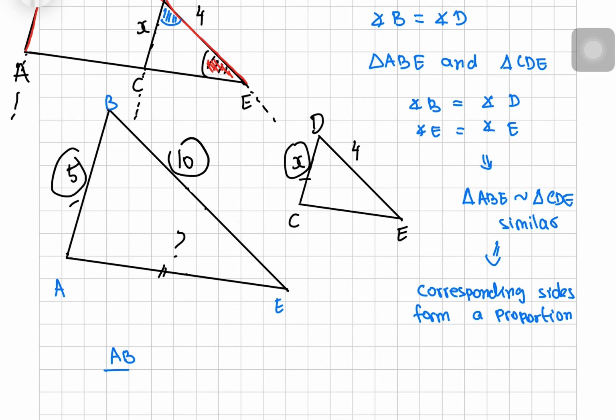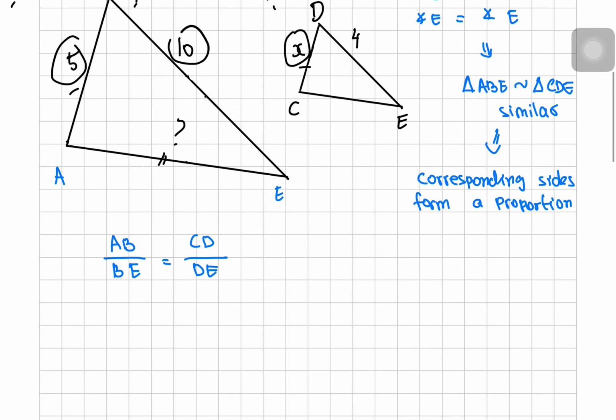Those are AB, and we form the ratio, and BE. The sides corresponding in the other triangle are CD and DE. If we now substitute that, because they are given, AB is 5 over 10, and this is X over 4.